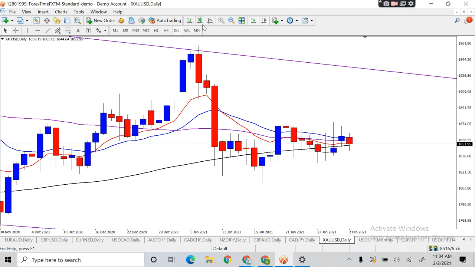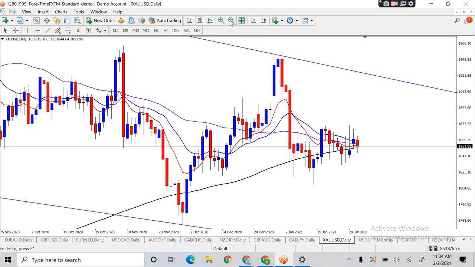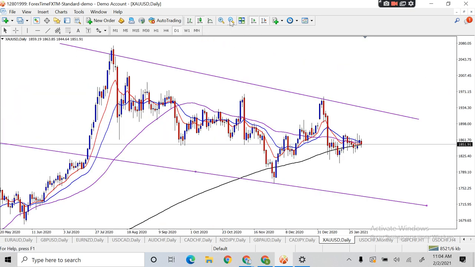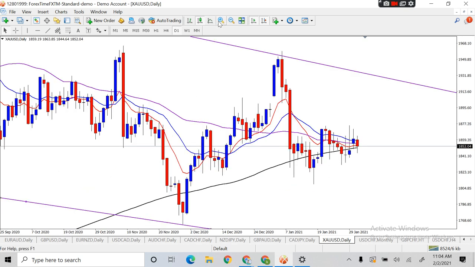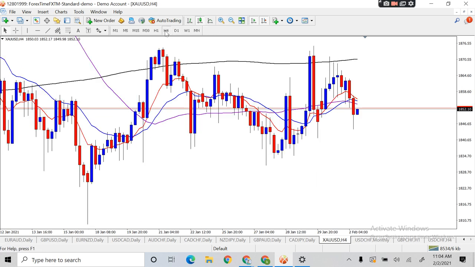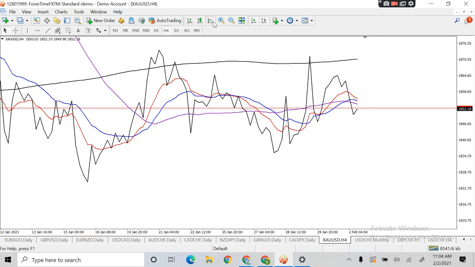On the daily, you can begin to see that the sell is beginning to really form up, though we'll have to wait for a whole day before we sell this pair. Going to a lower time frame, H4, I think that it's actually retracing. It has been selling and it's doing some retracement.